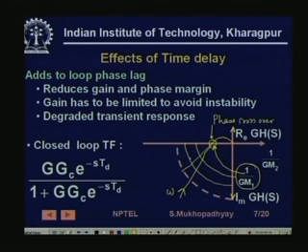At this higher frequency, some other phase lag will be added, and here more phase lag will be added. So in other words, now the plant will follow a different trajectory. It will follow a trajectory like this.